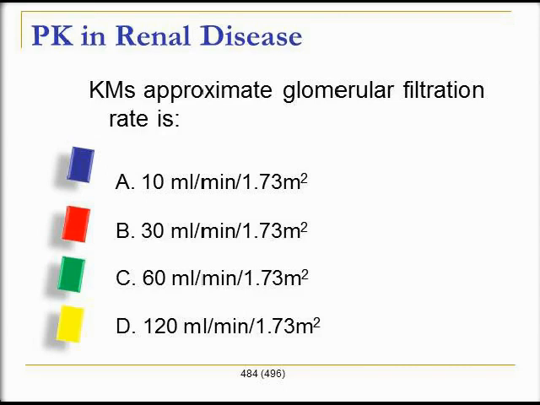All right, so KM's approximate glomerular filtration rate is 10, 30, 60, or 120. And you can probably eliminate a few of those and then make a 50-50 guess, which is what a lot of people are doing. All right, I'll go quickly through that because that's going to, again, require a calculation.